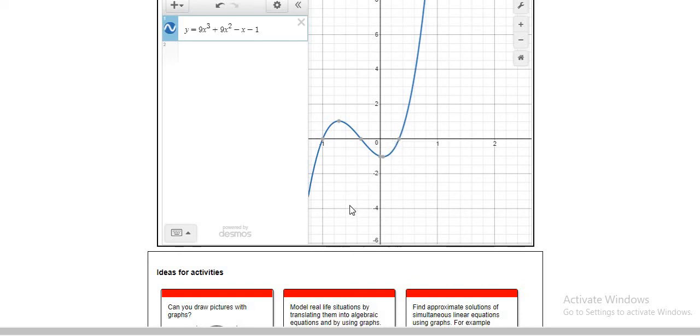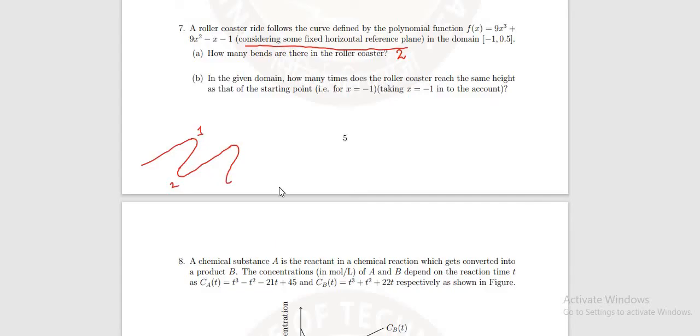We are getting 3 such points where the height is the same. So the answer for the second question is 3. We have also taken x = -1 into account. So the total number of times the roller coaster has achieved the same height as that of the starting point, that is x = -1, is 3.